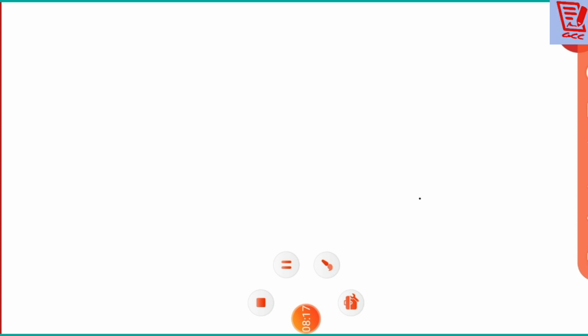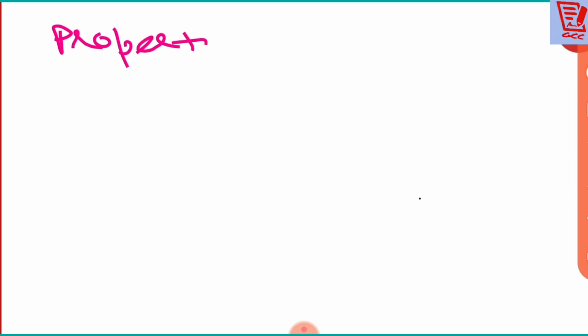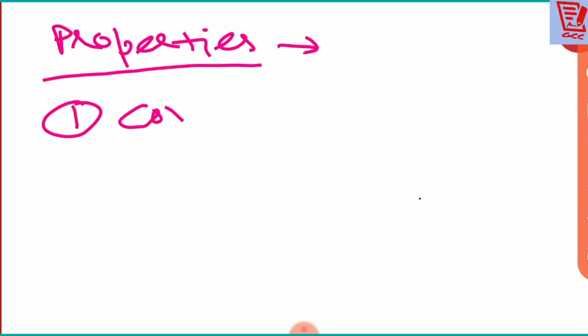Okay students, after that we will do some properties of interhalogen compounds. When we are doing the properties, just one thing I will tell you, that all the interhalogen molecules usually are covalent.